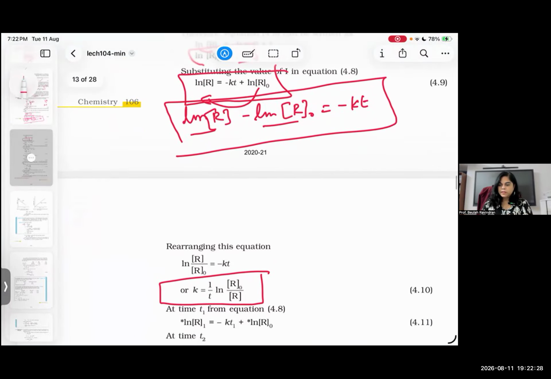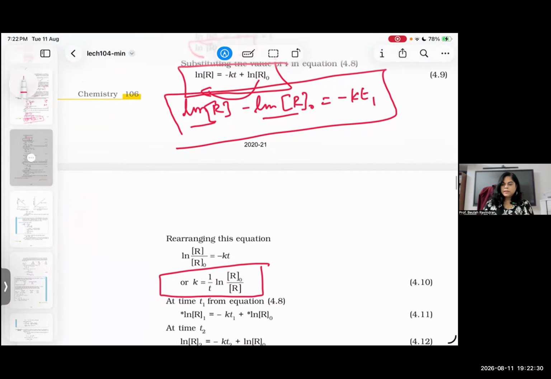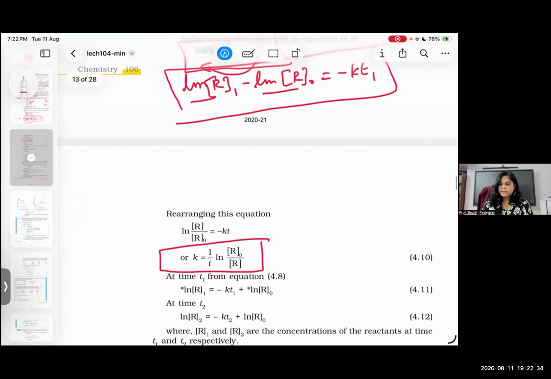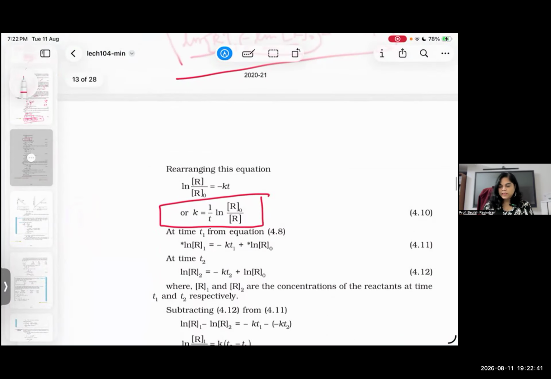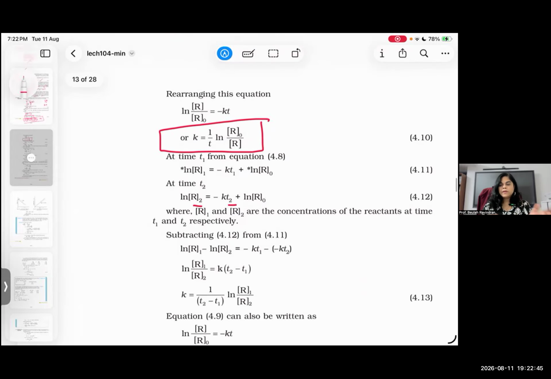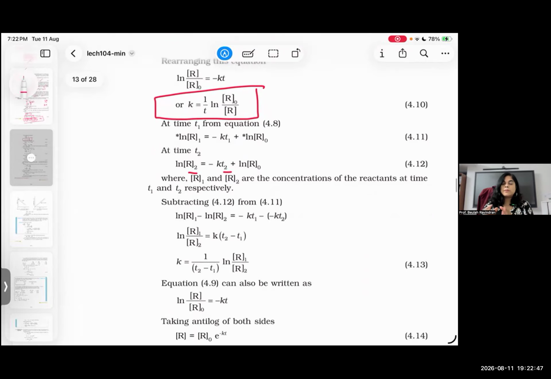In this, if you put t is equal to t1, then the concentration of R will be R1, right? But this won't be changing. This is the initial concentration, it won't be changing. If you put t is equal to t2 and R is equal to R2, where these two are the two concentrations, you can find out the difference between these two.